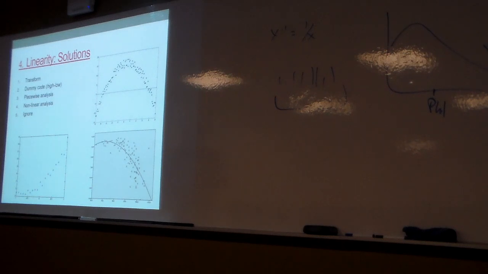So if I go through and find evidence of something like this, I've got a clear nonlinearity there. If I estimate this with a linear equation, what is this going to do to my estimate of the relation between x and y?